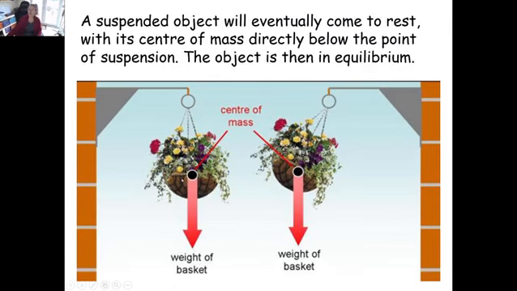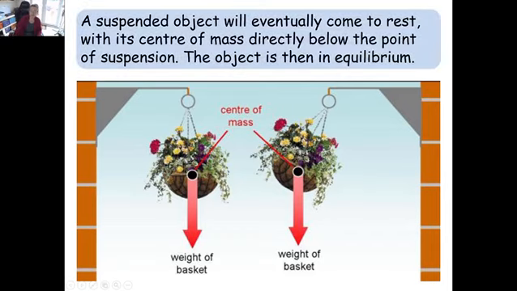So here, if we tilt the basket, it will swing backwards and forwards until it comes to rest. And where it comes to rest, the centre of mass, which would be roughly about here, is going to be directly below that point of suspension. And then we say that object is at equilibrium.